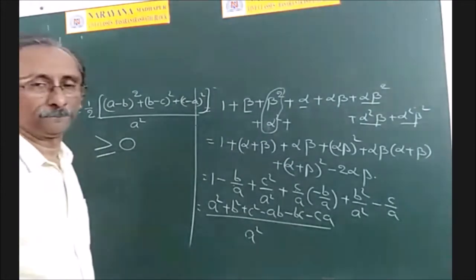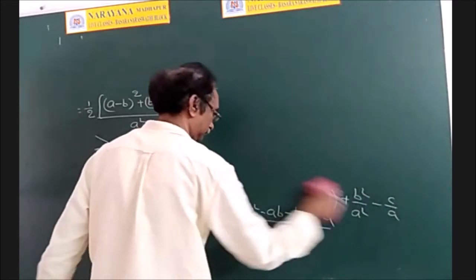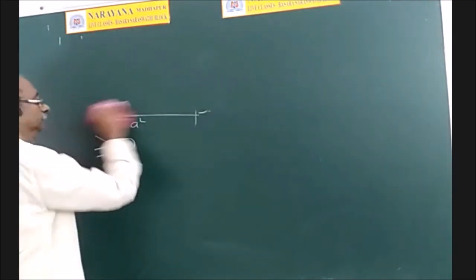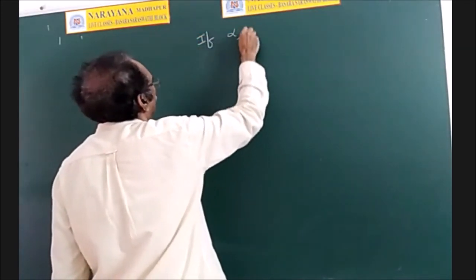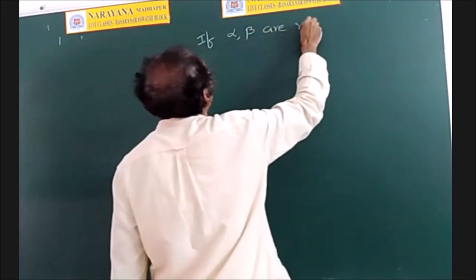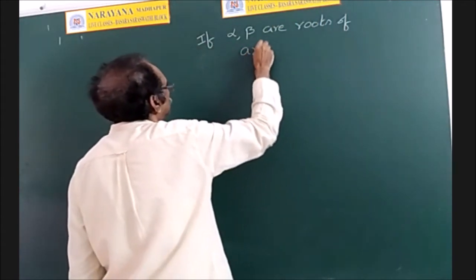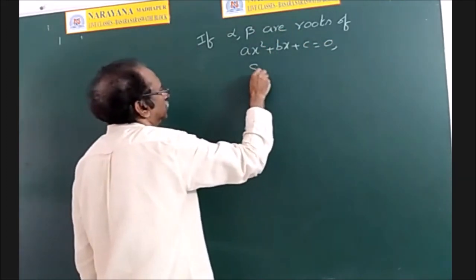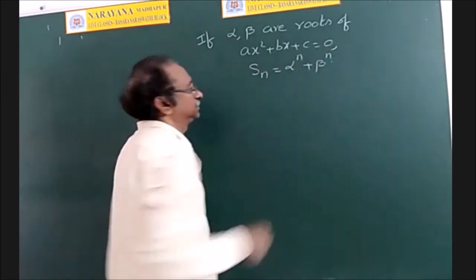Any doubts? Right. Next one. If alpha, beta are roots of ax square plus bx plus c is equal to 0, and Sn is equal to alpha power n plus beta power n.